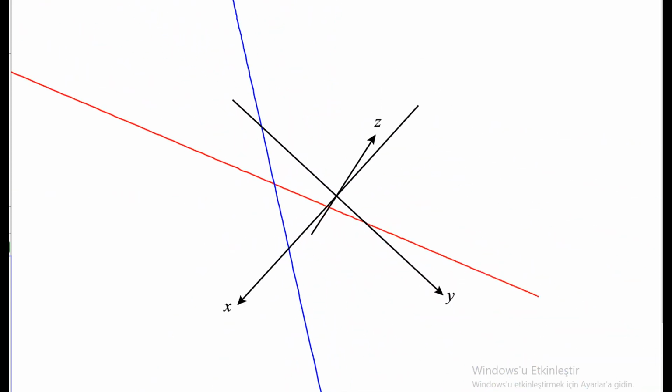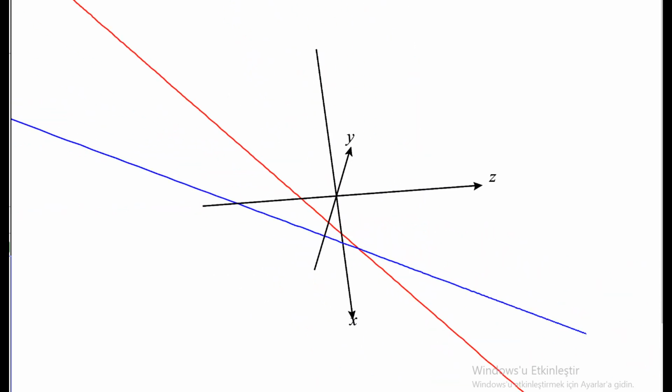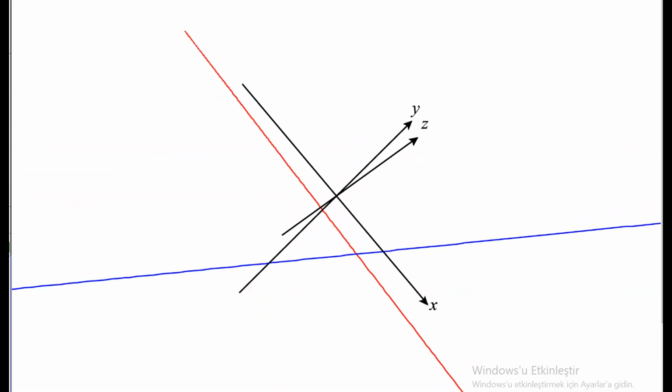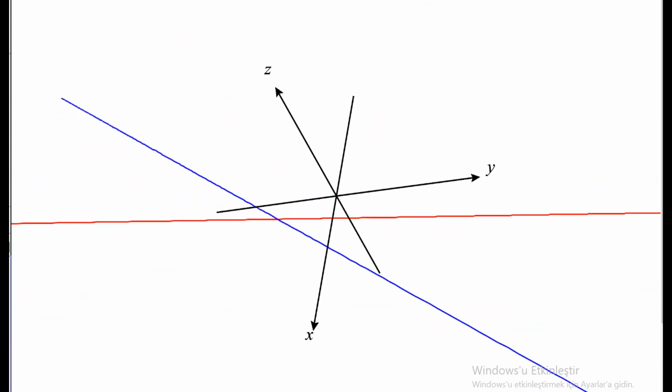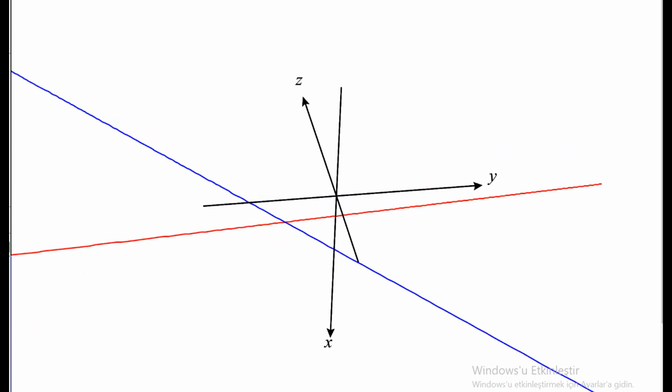So they are skew, because they are not in the same plane.